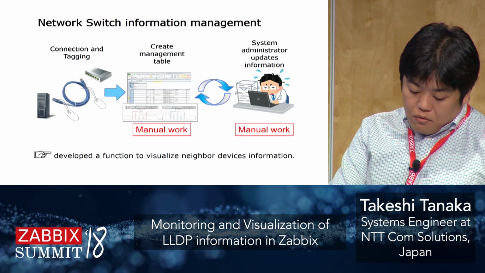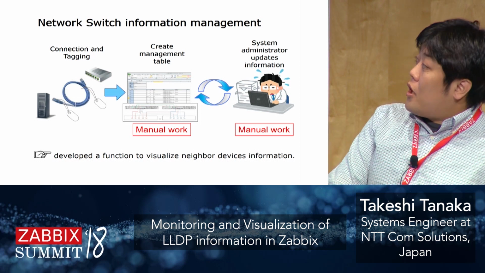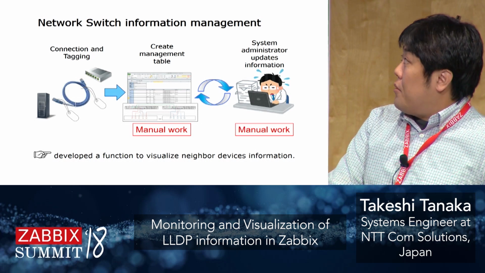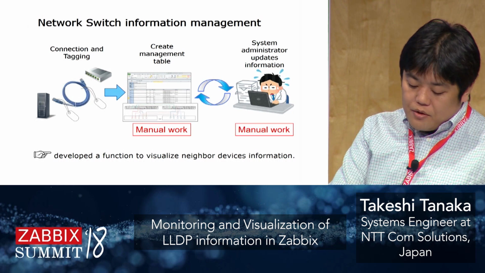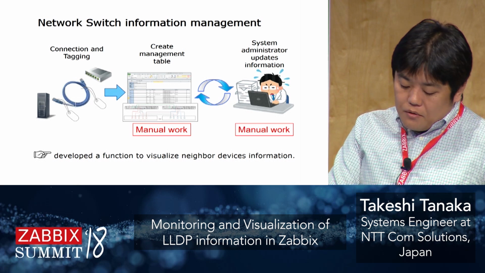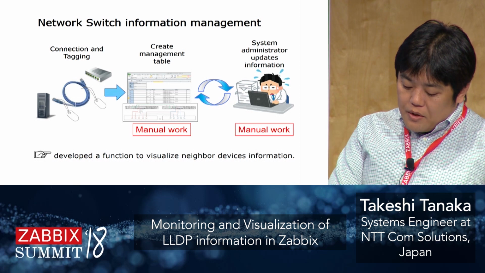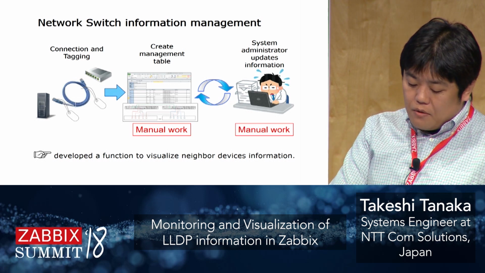In the conventional management method, each cable is untagged to create a management table. The system administrator maintains the information in the management tables. To improve such management methods, we developed two functions to visualize neighbor device information.